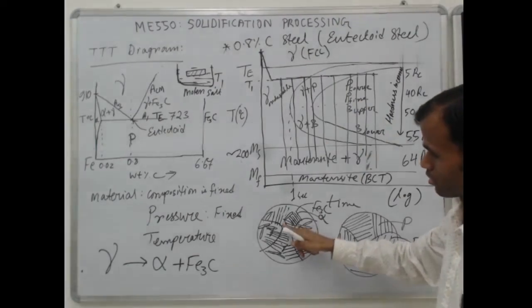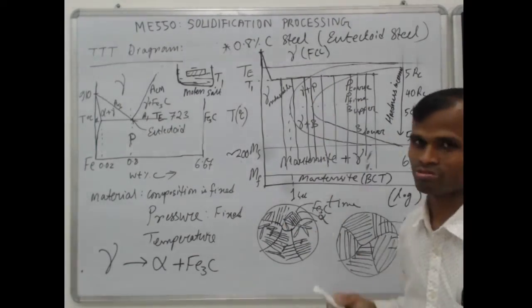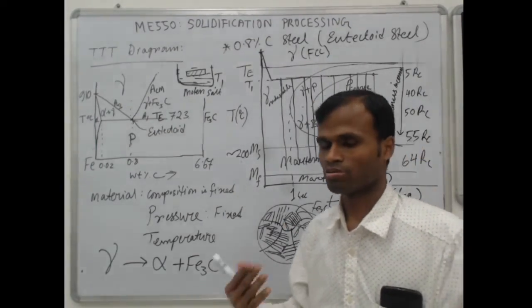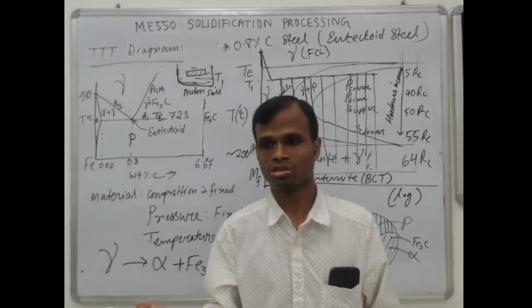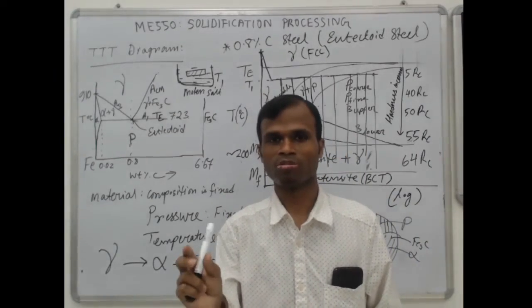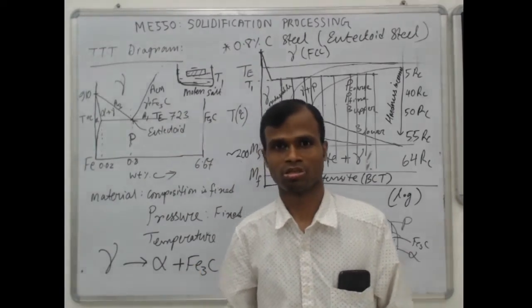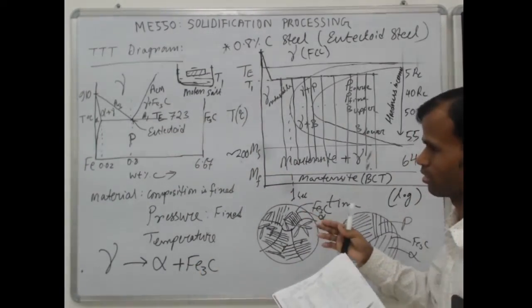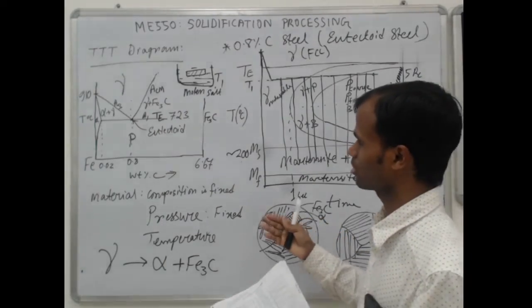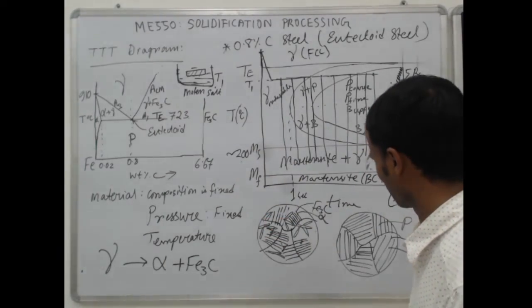Austenite can be transformed into martensite, because austenite is an FCC single phase. To transform it into martensite, you only need to deform the structure a little bit by shearing, with a little rearrangement in the atomic positions.